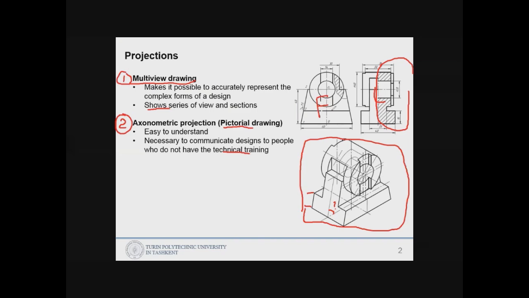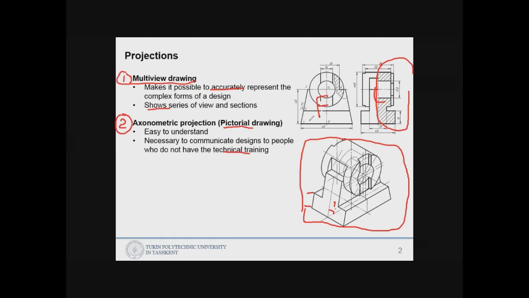So that's why multi-view drawing or orthographic drawing is very accurate, and easy to draw. But the drawback, the disadvantage of this method, the bad point of this one, is that it is difficult to understand. When you have technical drawing skills, if you are an engineer or a technician, it's good for you.